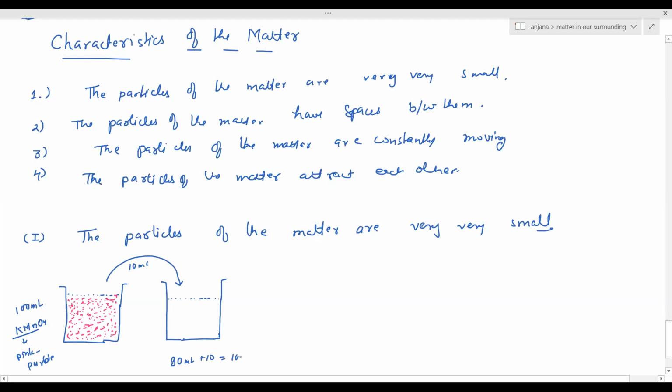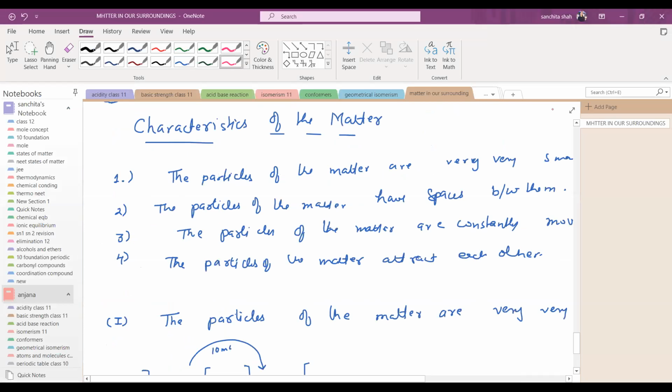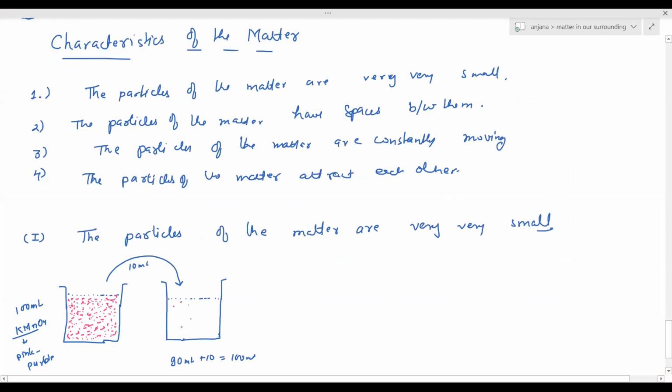So total 100 ml I have here. I will observe that the color will be a little bit lighter in this solution, because you have taken only 10 ml from the first container. So the concentration of KMnO4 here will be low.